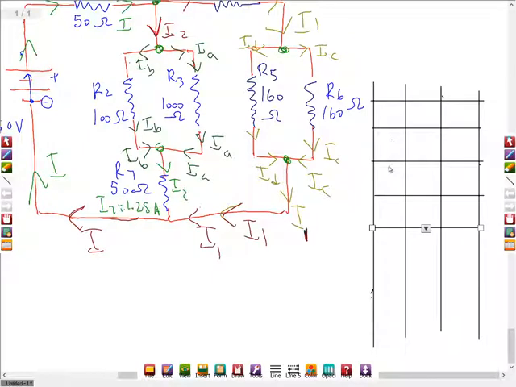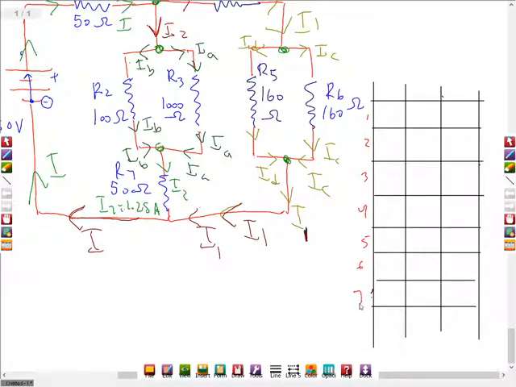We need 7 rows, one for each resistor: R1, R2, up to R7.